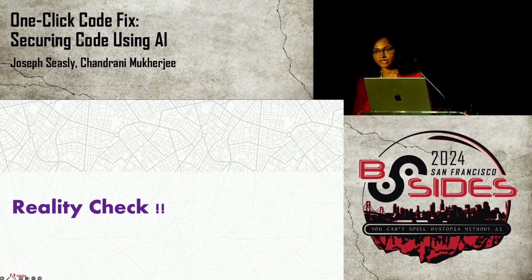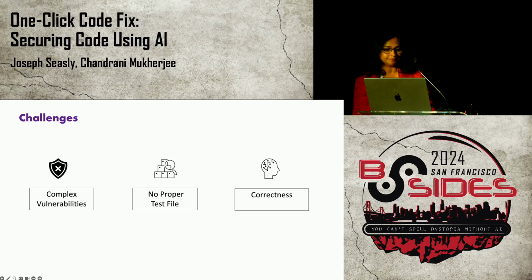So, a reality check. When we started with the dummy repo, it gave everything perfectly; it was able to find 10 out of 10 issues. Between then and where we are today, there was a lot of realization.